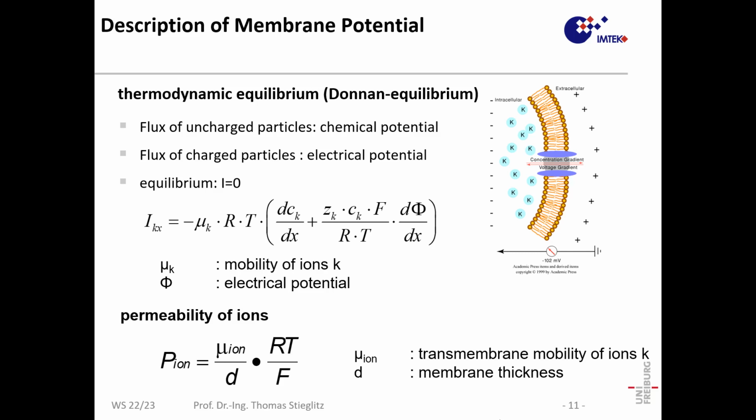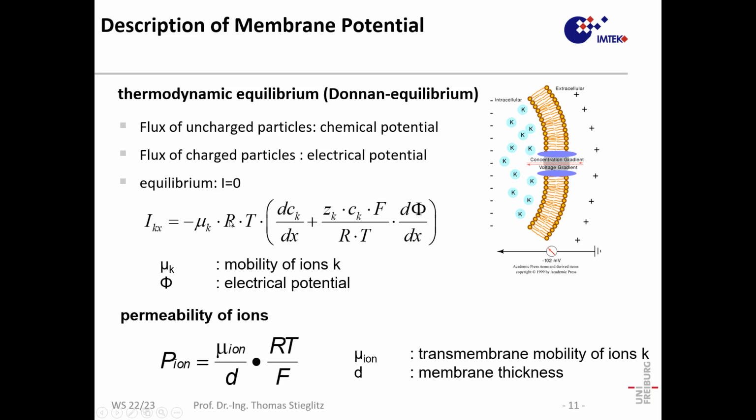And equilibrium state means the exchange current over time, left to right, right to left, is 0. That's this here, that exchange current for a particular ion X. And since we have more ions, we will have different exchange currents that sum up then to 0.